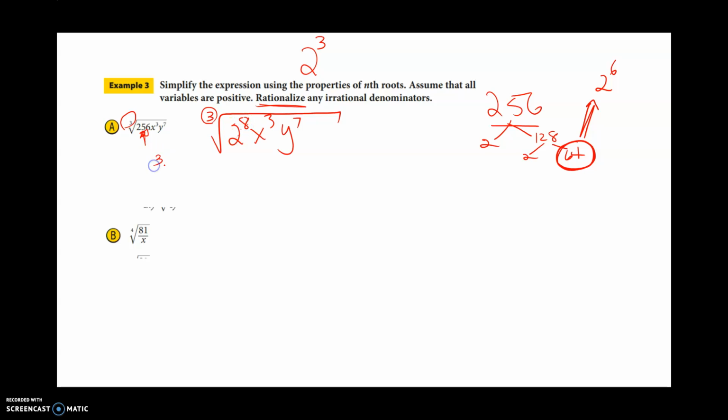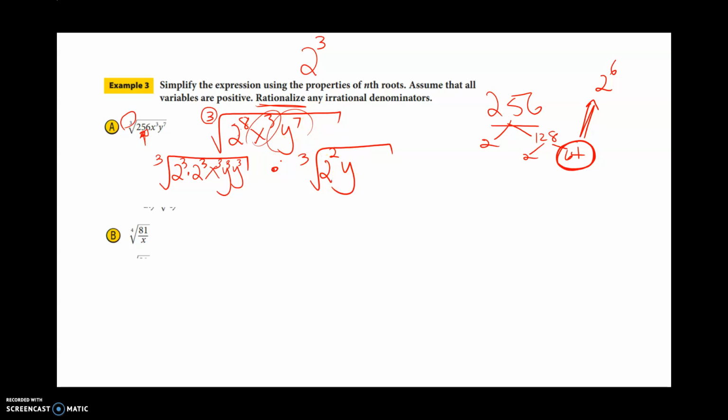So if I pull out a perfect cube, I have a 2 to the 3rd and another 2 to the 3rd, and the part that's not perfect is the 2 squared that's left. Now, if I look at my x's, I have a perfect cube right there. If I look at my y's, I have a y to the 3rd and a y to the 3rd, and then I have this y left over.